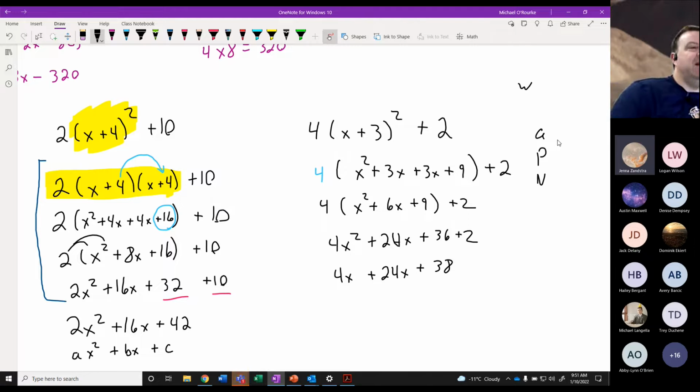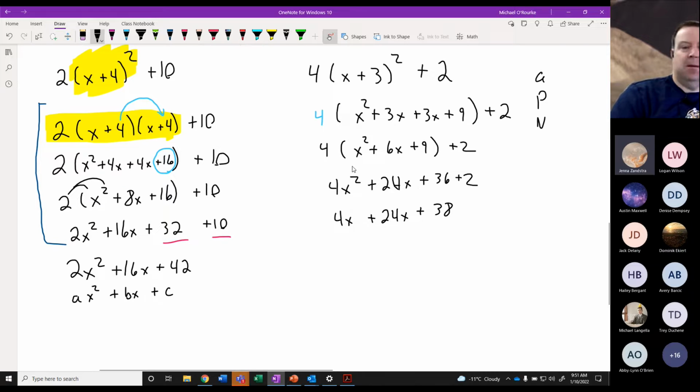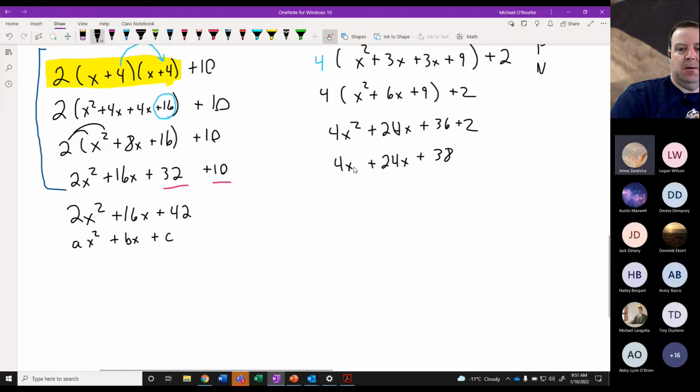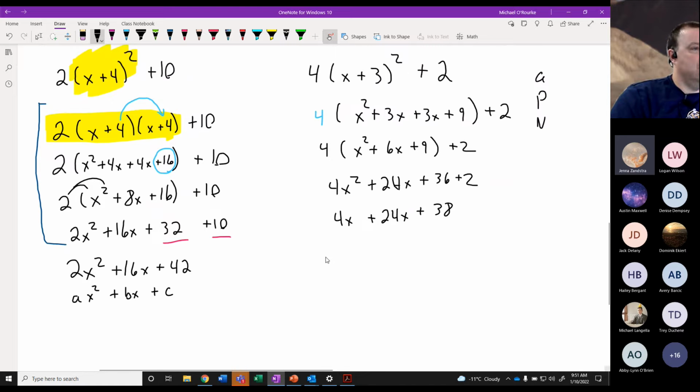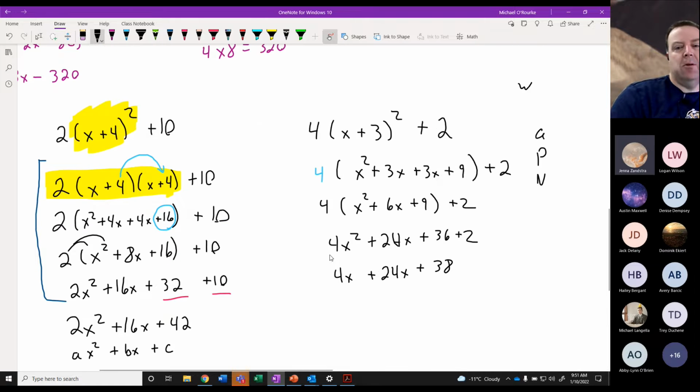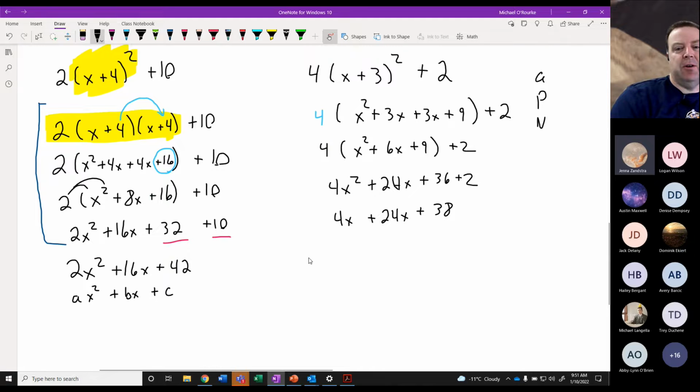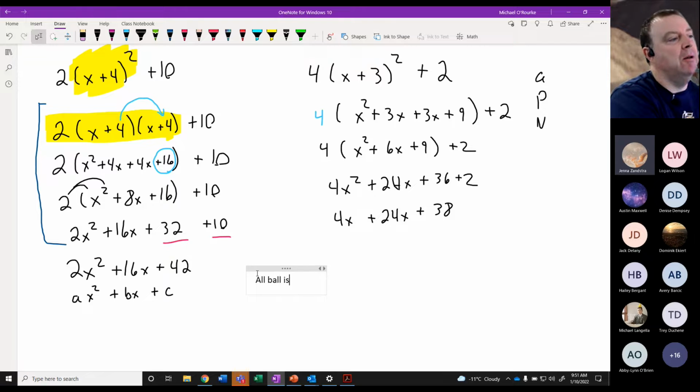Should I do another one of these with a negative in there? So the question may be like, when would I need to use this? And this gets transferred over to when we do word problems, right? So for example, if I said, a ball is thrown from a building, right?